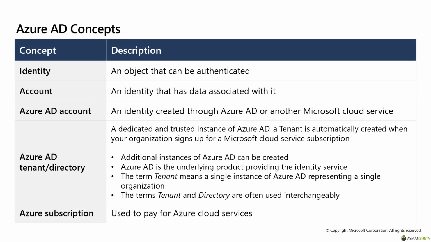Let's move next to understand the concept of Azure Active Directory. To better understand Azure Active Directory, let's go through a review and understand different terms. Let's start with the first term or concept, which is identity. What exactly is identity?